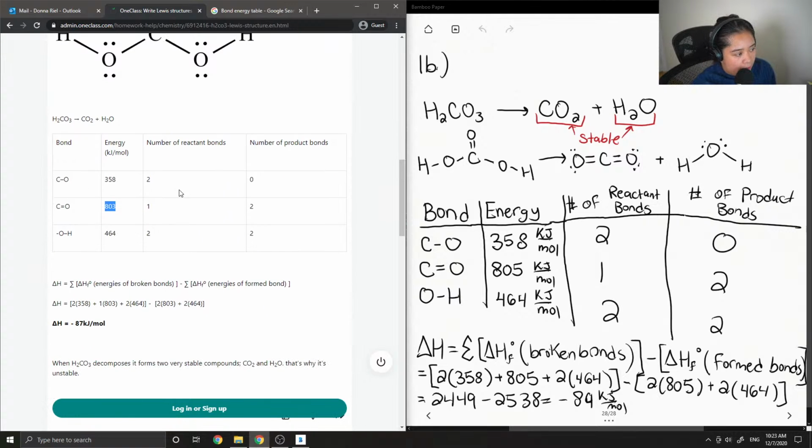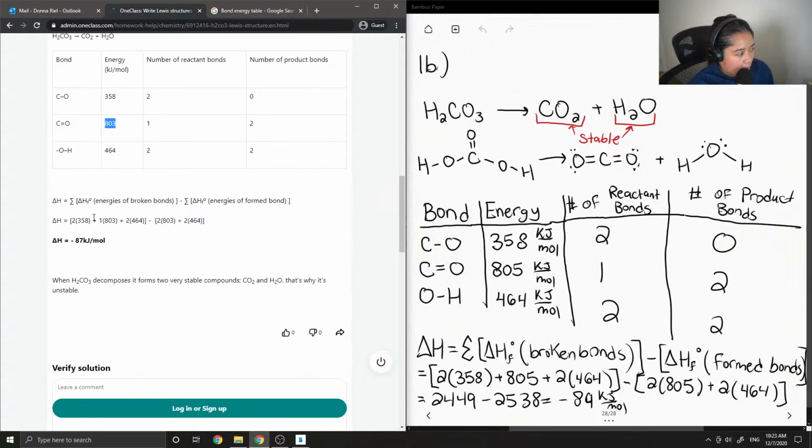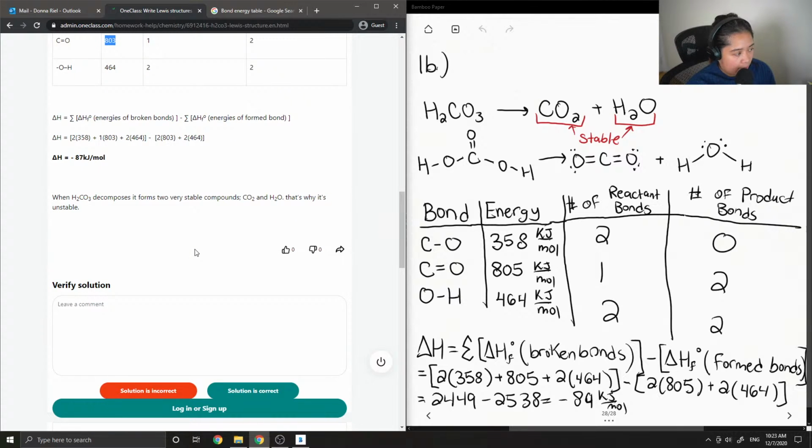They counted out the number of reactant bonds and the number of product bonds. And then they did the delta H, which is the sum of the energies of broken bonds, and then the sum of the energies of all the bonds formed. And they got negative 87 kilojoules per mole.